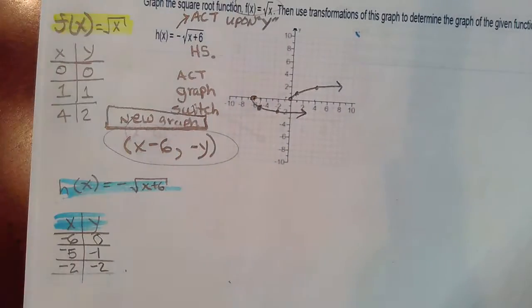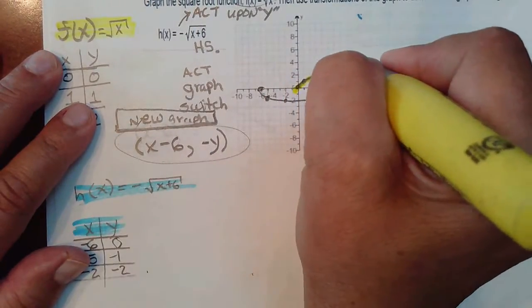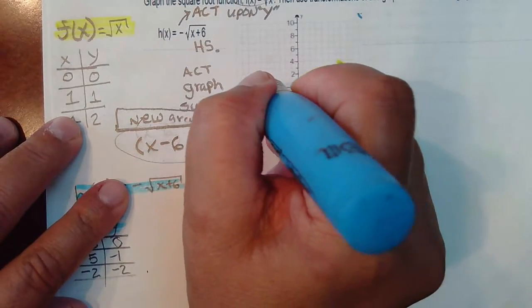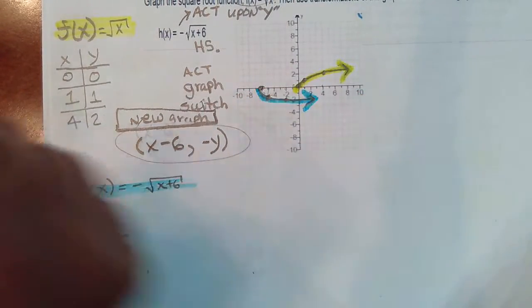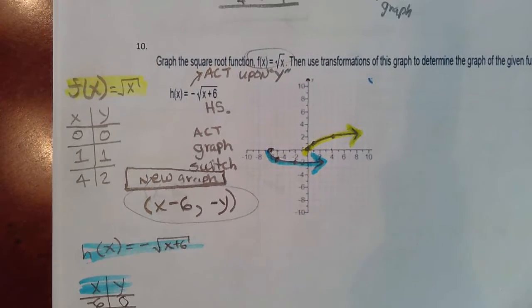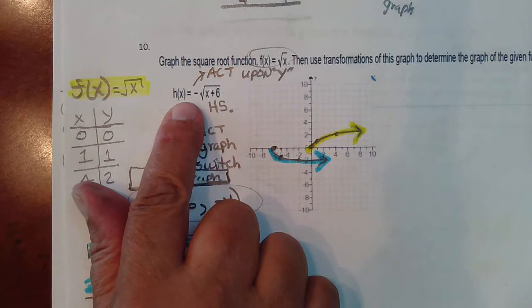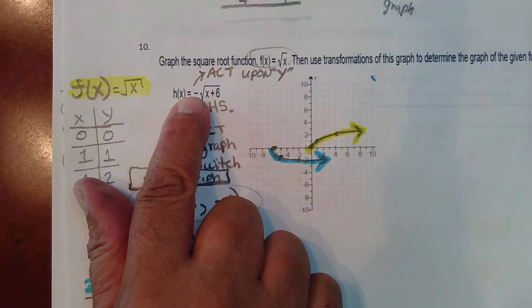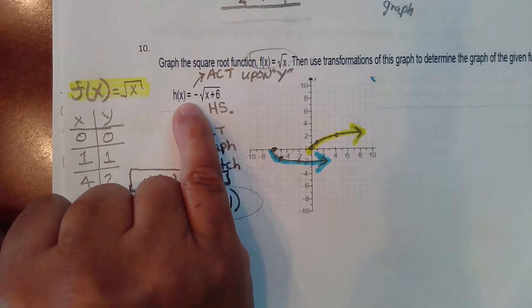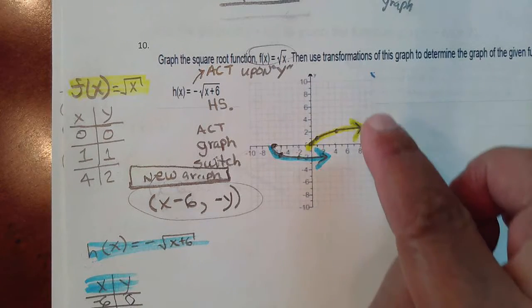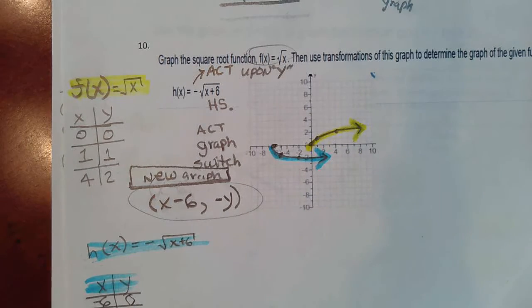Why does this one from the parent graph, why is that upright, whereas this one is going underneath the x-axis? Let's review this a little bit. I was saying this because this popped up in several other problems. This new graph, the blue one that's upside down and underneath the x-axis, it got flipped. That -1 multiplier takes this yellow graph and flips it across the x-axis.